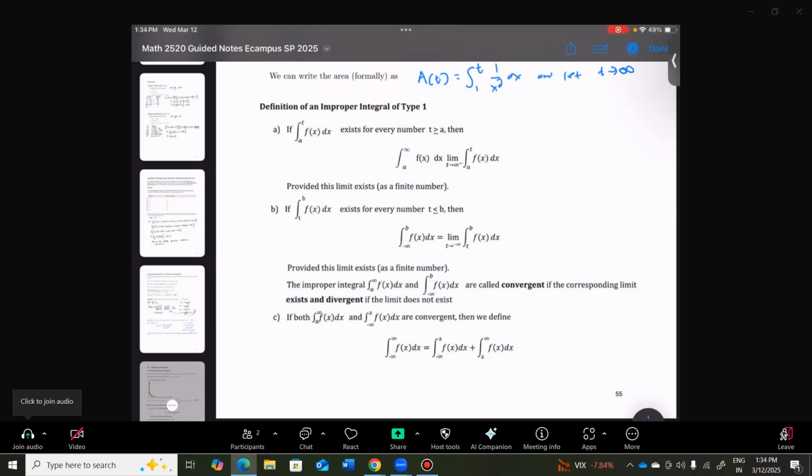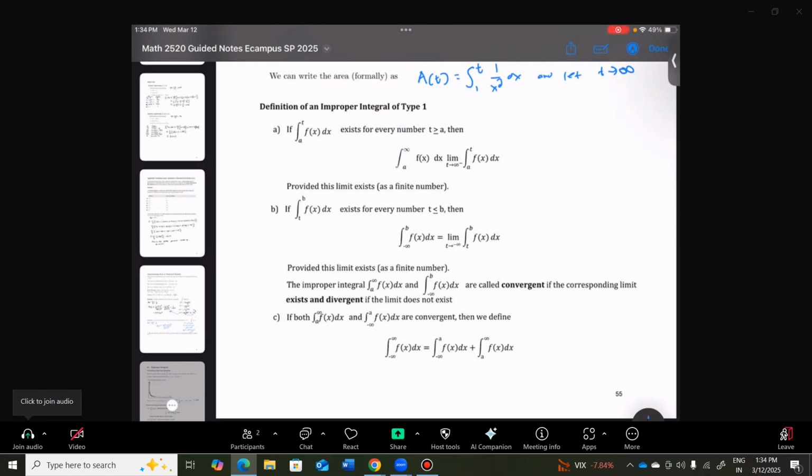We call these integrals that have the infinities as part of the limits improper integrals. They are convergent if the limit exists and divergent if the limit does not exist, which means if they're convergent, they go to a number. If they are not, they go to infinity or negative infinity.